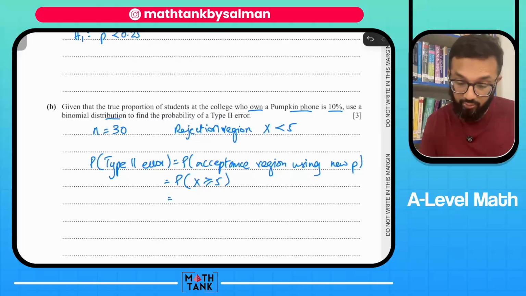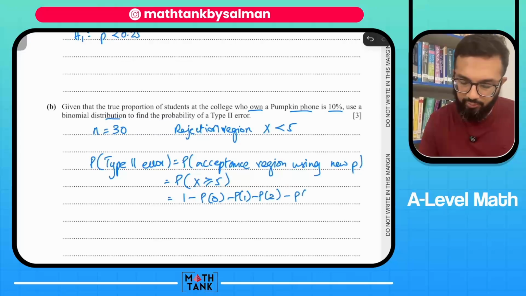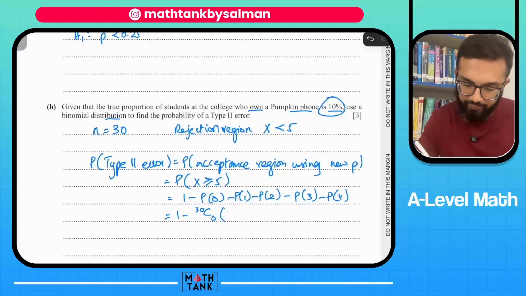Now, wrong calculation, I think. Probability of 0, 1, 2, 3, and 4. So 1 minus 30C0. What is the new P? New P is 0.1, sorry.